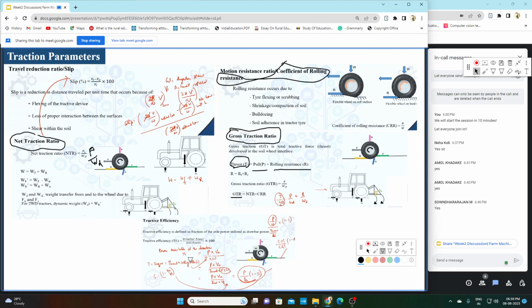Now if I simplify this, drawbar power is what? Pull of the implement into actual velocity of the implement, so P into Va. And what is axle power?